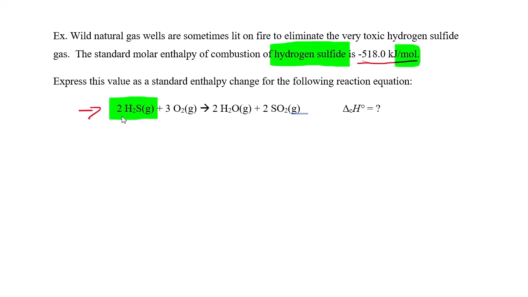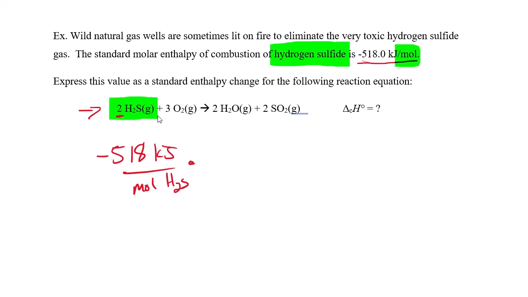Now here, I'm combusting 2 moles of hydrogen sulfide. So we could figure out the standard enthalpy here 2 ways. One way would be just to use unit analysis. So I could say, okay, I know I've got negative 518 kilojoules per mole of H2S. That's how much energy is going to be released.